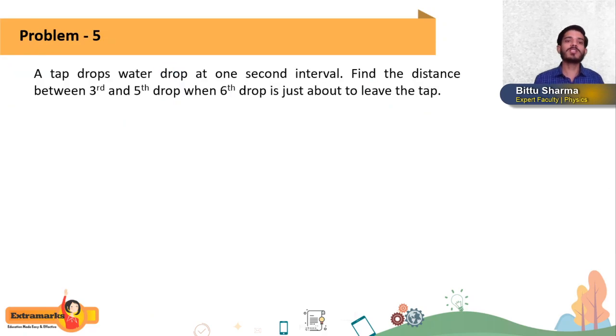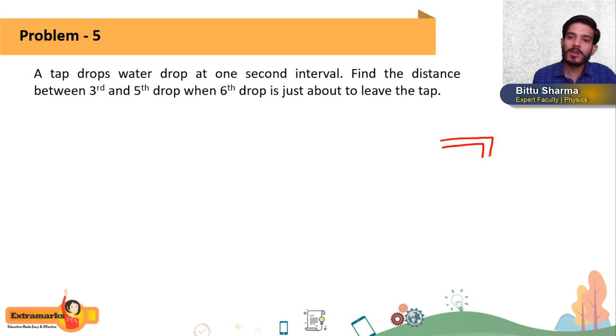Getting or not? So based on this, I have one question for you. A tap drops a water drop at 1 second interval of time. So suppose here we have one tap. It drops at just 1 second interval of time. Find the distance between the third and the fifth drop when the sixth drop is just about to leave the tap.